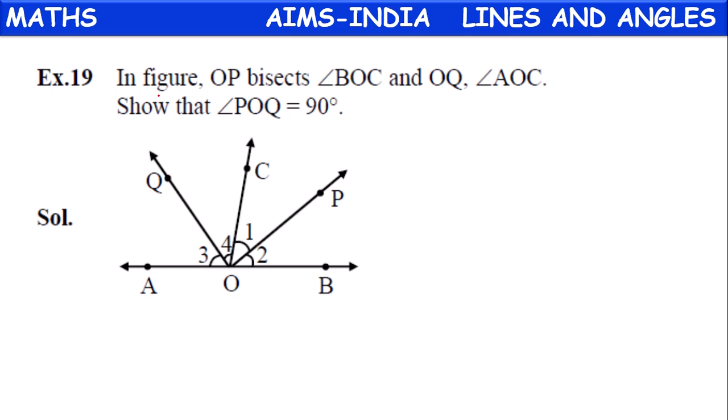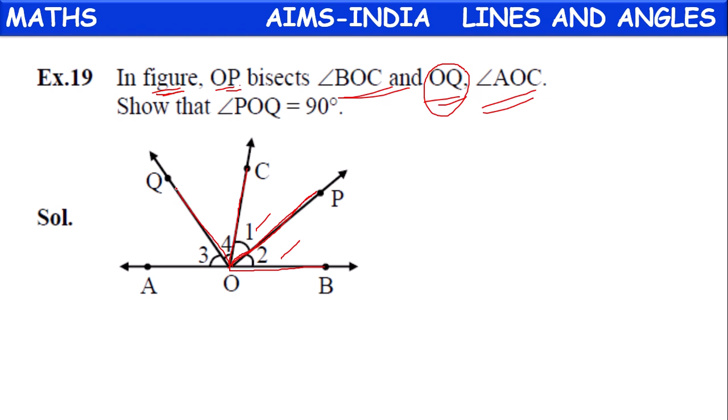Next slide. So in the figure, OP bisects BOC and OQ. OP line bisects BOC into two equal parts, 1 and 2, and OQ bisects AOC.